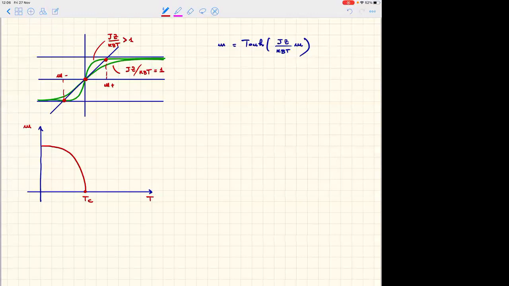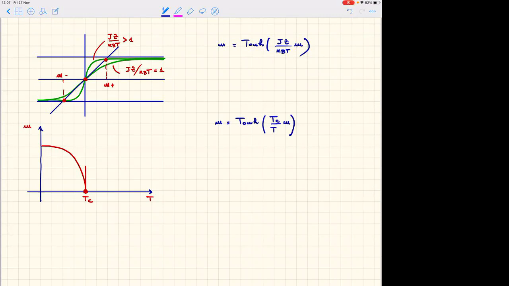Now, let us try to figure out how the magnetization behaves close to this critical point. It's not actually too hard to figure out. It is enough to rewrite the self-consistent equation as m equal to tanh of Tc over T times m.